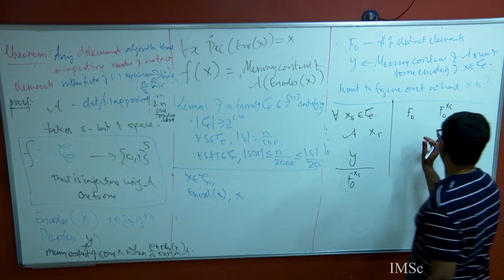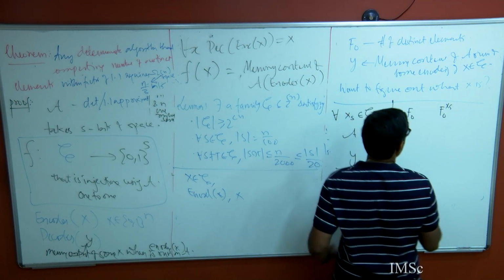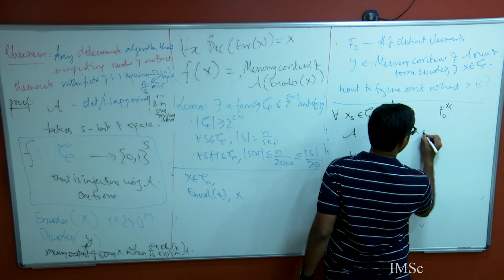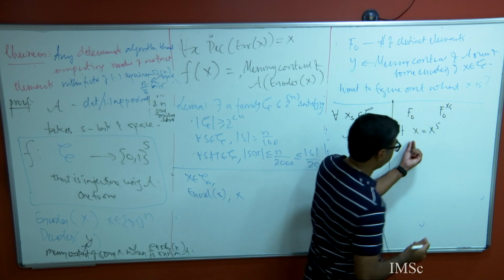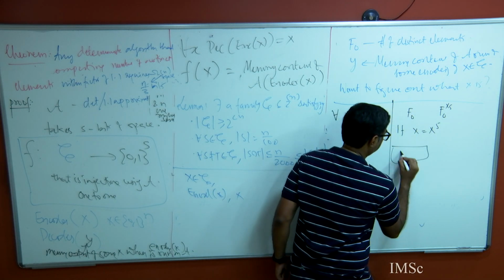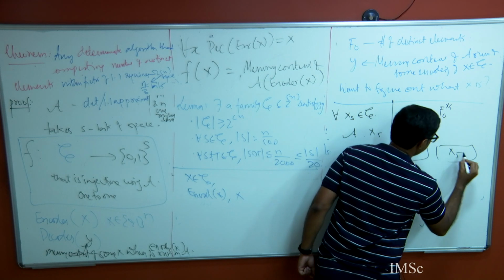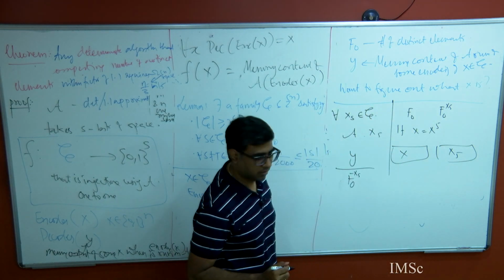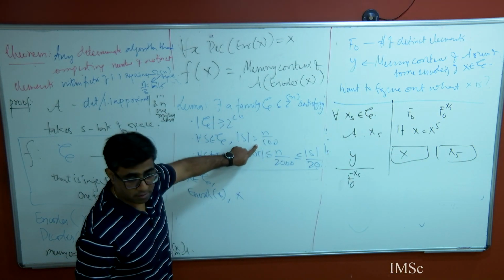So what is the property? Now if x would have been equal to xs, this is the stream of x, this is x of s, then what will we get? Every set has size n by 100.